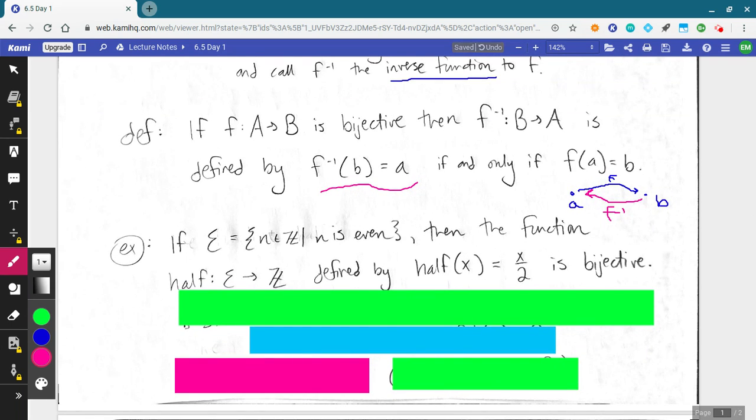So let E be the set of even integers, the set of all n in the integers such that n is even. Then I claim that the function half from E to the integers, defined by half of x equals x divided by 2, is bijective. We won't go through a very precise proof, but let's at least talk about a few points here.